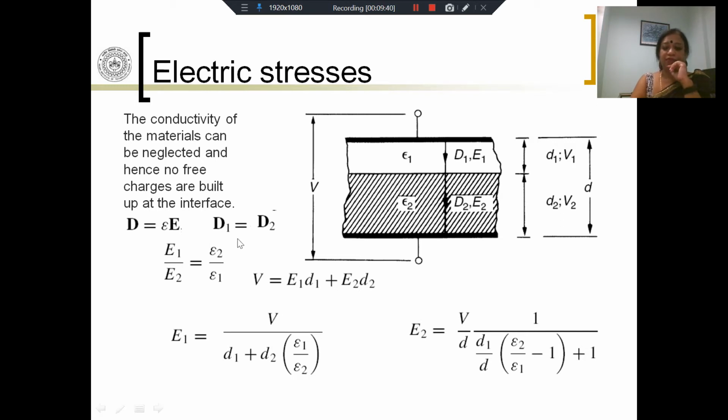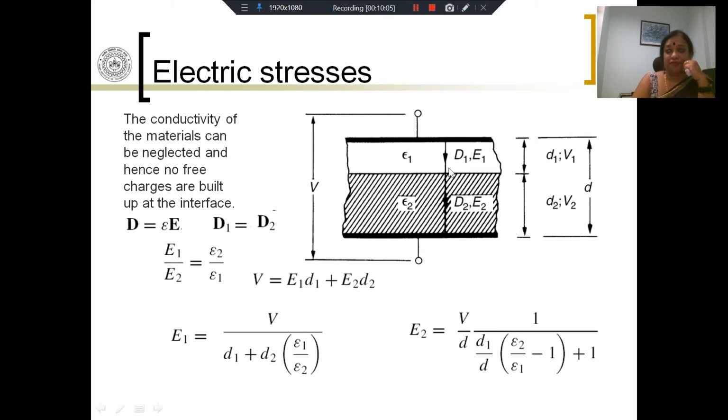So for example, if epsilon 2 increases, the stress E1 in the material epsilon 1 will change. If I don't do anything to this material, but I change the material epsilon 2, higher is epsilon 2, higher is E1.